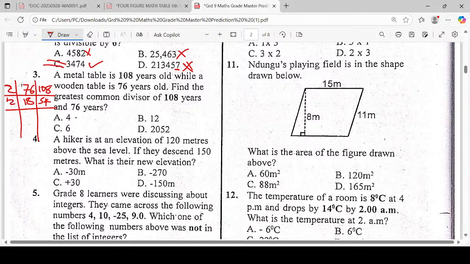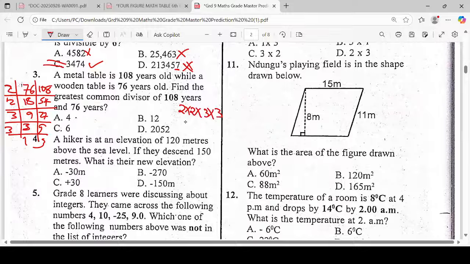Again, 2 into 18 is 9, 2 here is 27. Again, the number that can go into both is 3. 3 here, 9. Again 3, 1, 3. So our GCD is 2 times 2 times 3 times 3.